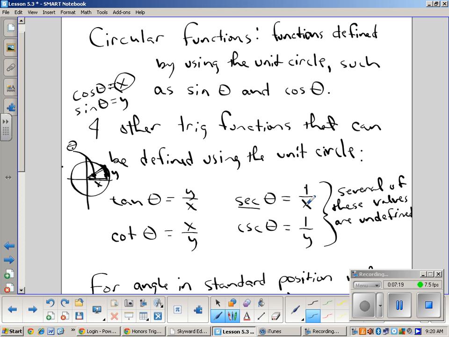And we said sine is y, and cosecant is the reciprocal of sine, so it's going to be 1 over y. And of course, cotangent is the reciprocal of tangent, so this is going to be the reciprocal of that. Again, trying to wrap up some loose ends that we talked about, but maybe not quite specifically enough. So, do you have any questions on any of these?